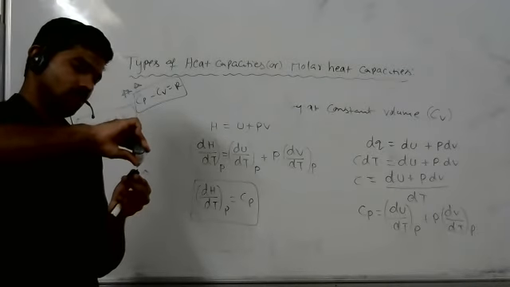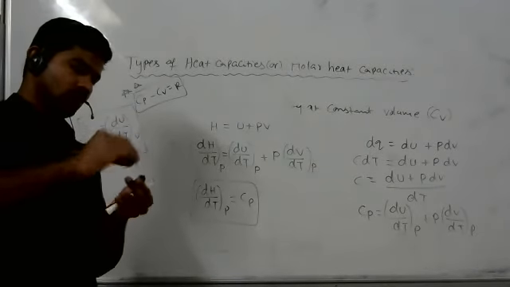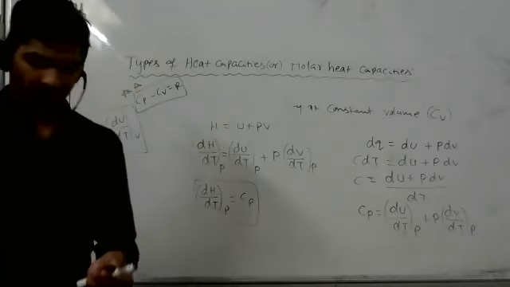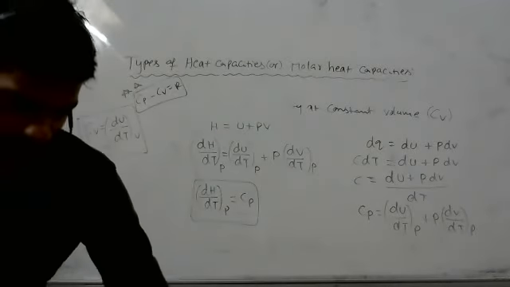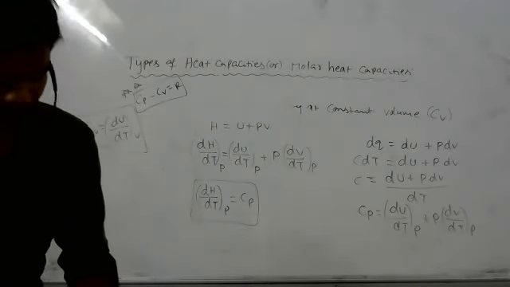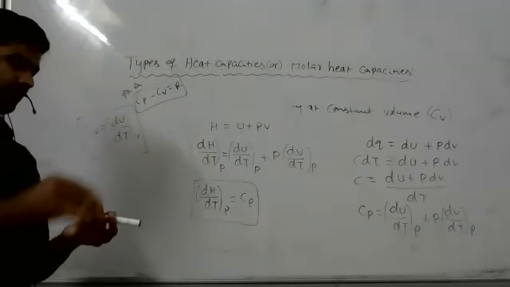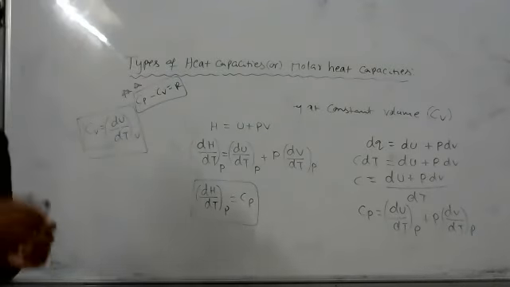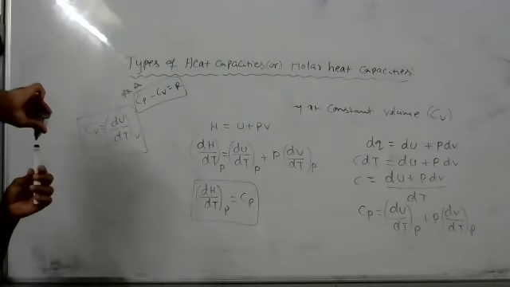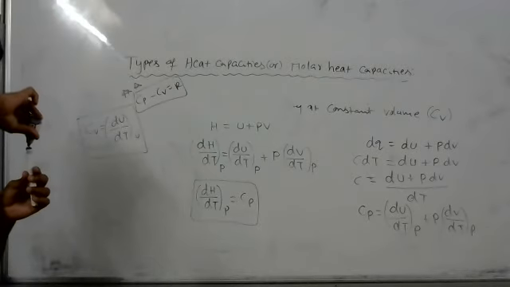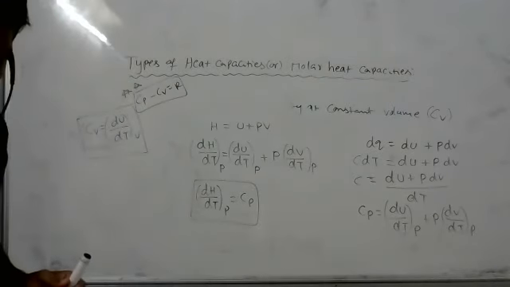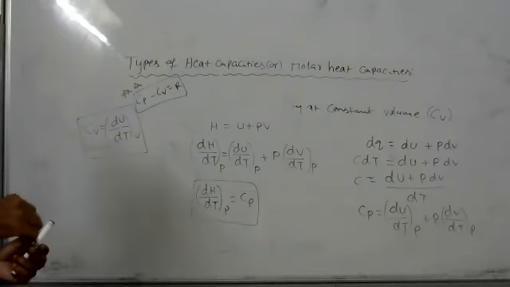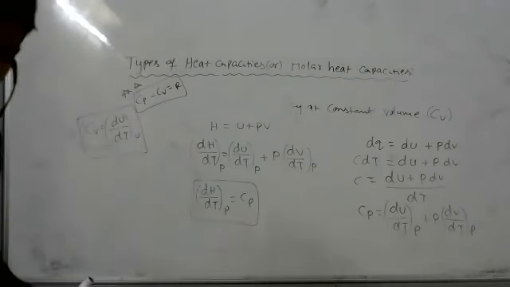So this derivation is not there in the textbook? Maybe the textbook is not giving that. They are just directly giving the Cp minus Cv derivation only. Does anybody have the textbook right now?